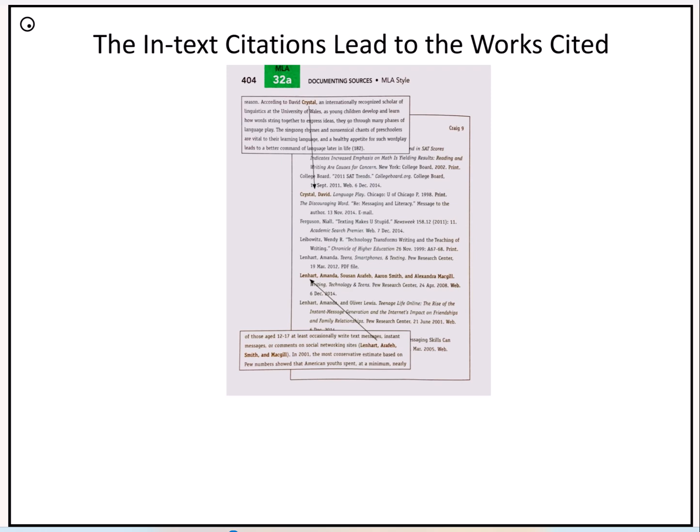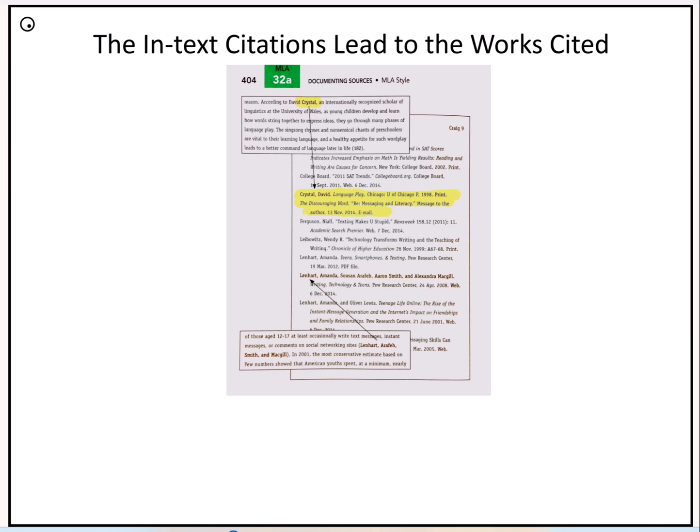So what we see here is we have the name Crystal, and so we put that in our in-text citation, and that's going to guide us to right here where we see Crystal again. And so when we see that, we're able to look through the rest of the citation and get all the information from where this quote came from. And so that's why we do it.